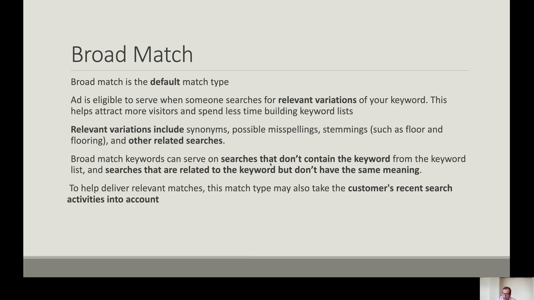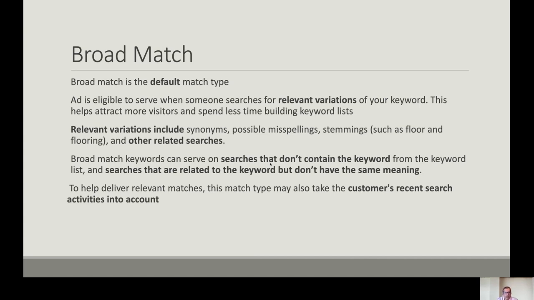So where does this relevance come from then? Even if the meaning is not the same, how is Google claiming that there is some relevance here? They are looking for relevance in a very broad sense of the term, and sometimes they also use customers' recent search activities as an indicator of whether a particular keyword matching should occur or not with their search query.